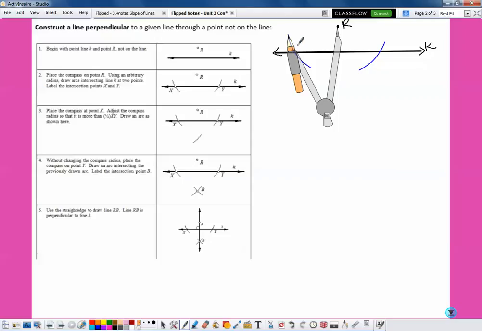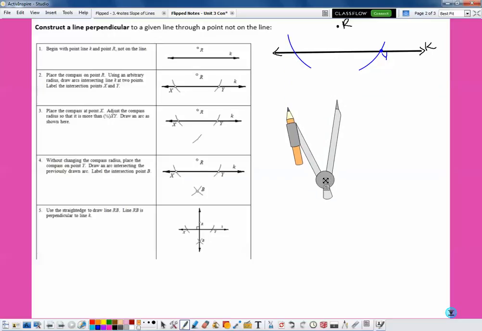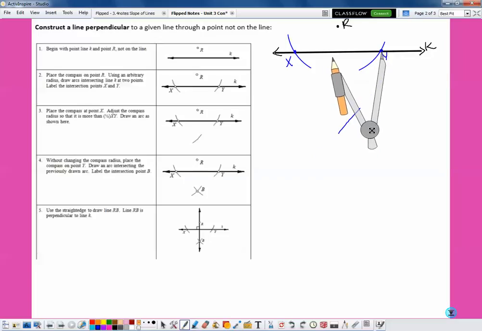So step 2 complete. And we're going to label this point Y, and I'm going to label this point X. So now we're going to adjust the compass so that it's just a little bit more than halfway between X and Y. Right about there.